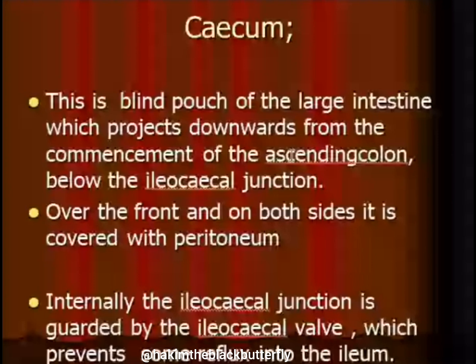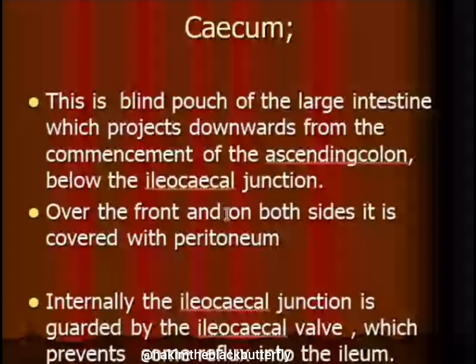It receives the opening of the vermiform appendix and also the opening of the ileum at the ileocecal junction. And it is covered by peritoneal membrane. When peritoneal membrane is covering abdominal contents, we call it visceral peritoneum.